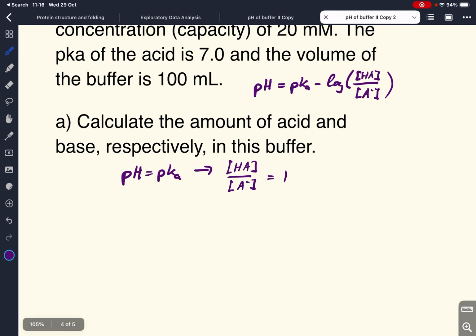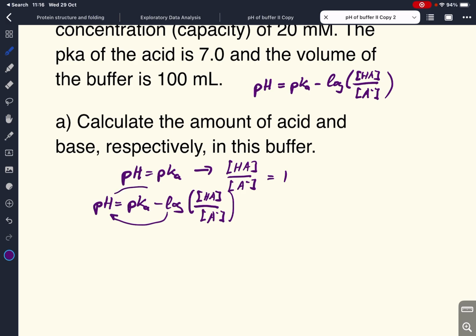We just simply take the Henderson-Hasselbalch equation. So pH equals pKa minus log the acid concentration, and I just write it again, divided by the base concentration. We bring this to this side, we bring that to this side, and we've got log of the acid divided by the base equals pKa minus pH.